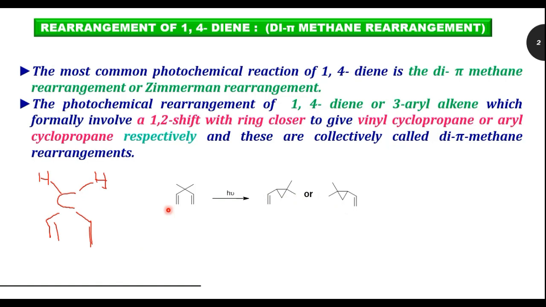So this is about when you take a 1,4-diene. Similarly, when you take a 3-aryl alkene, 1, 2, 3, at the third position we have an aryl group. This is called a 3-aryl alkene. On irradiation, the product is aryl cyclopropane. Combined, this reaction is called the di-pi-methane rearrangement.